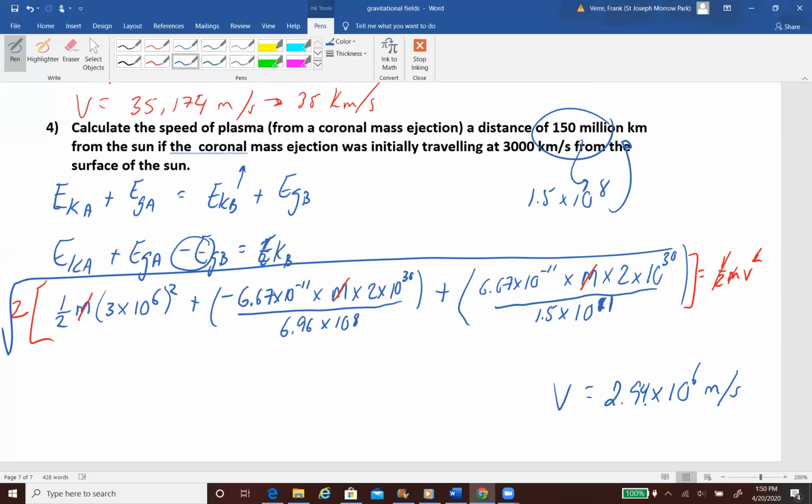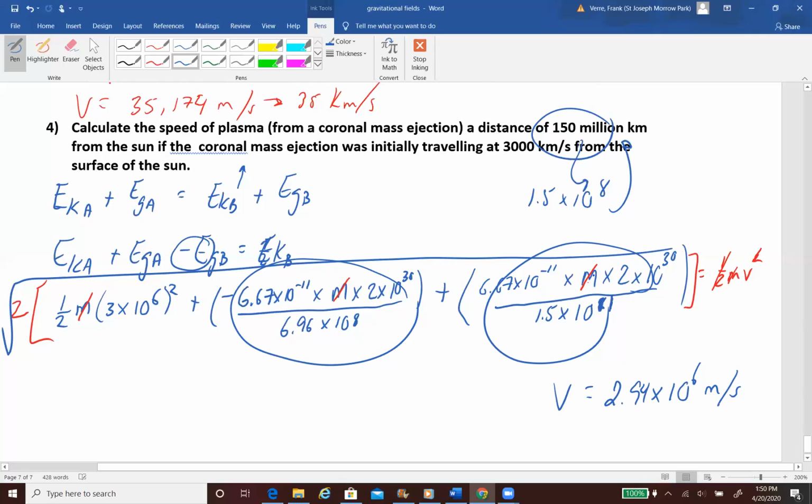One interesting little point, when you compare these two values, if you do the calculation, this value ends up being about negative 1.9 times 10 to the 11. And this value ends up being 8.9 times 10 to the 8.